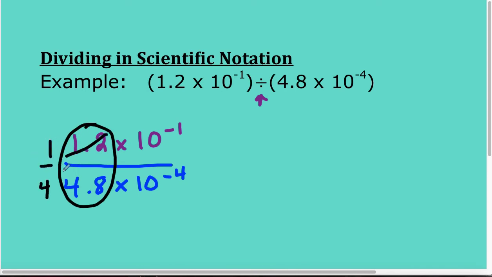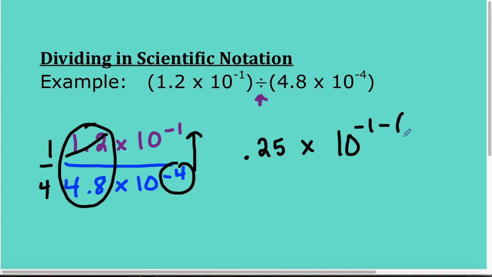Now I'm actually going to write that as a decimal. So 0.25 times. I'm going to bring the smaller to the larger and subtract. That's going to give me 10 to the negative 1 minus negative 4. So I'm bringing the smaller to the larger and subtracting. So that becomes plus 4. So I get 0.25 times 10 to the 3 power.